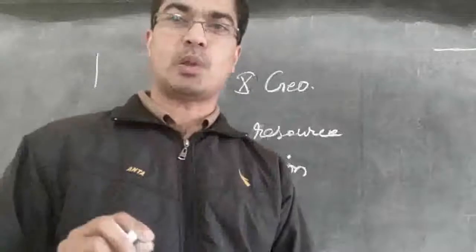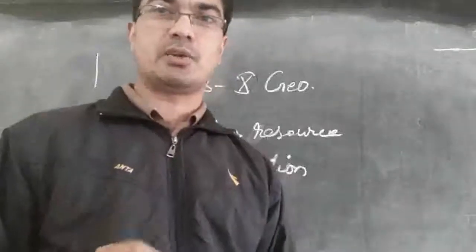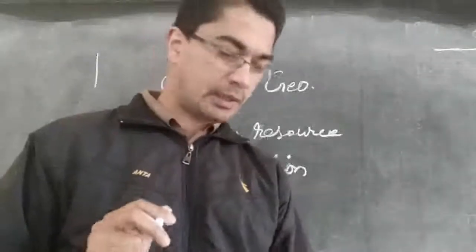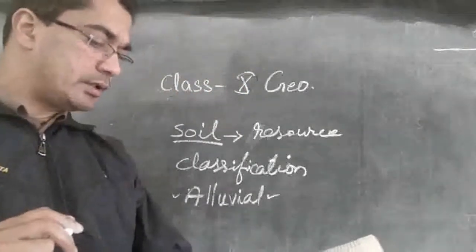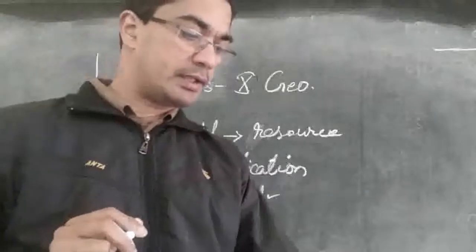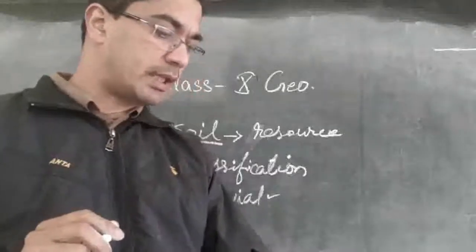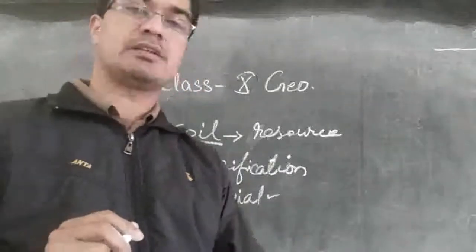The alluvial soil consists of various proportions of sand, silt and clay. Again underline, what are the contents of alluvial soil? Sand, silt and clay. And as we move inland towards the river valleys, soil particles appear somewhat bigger in size.